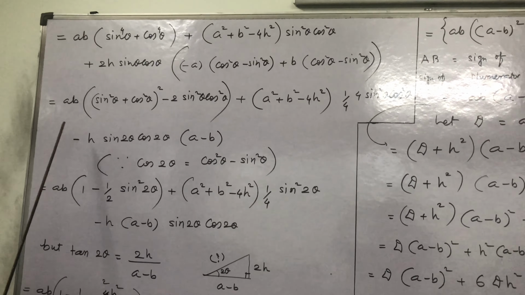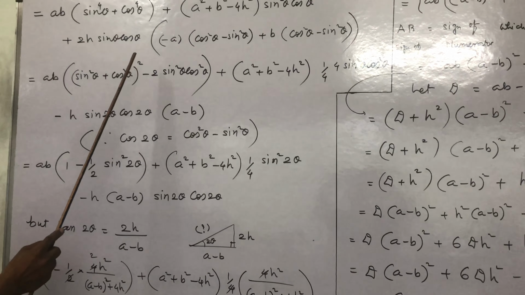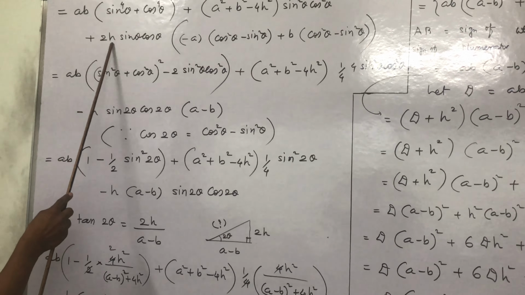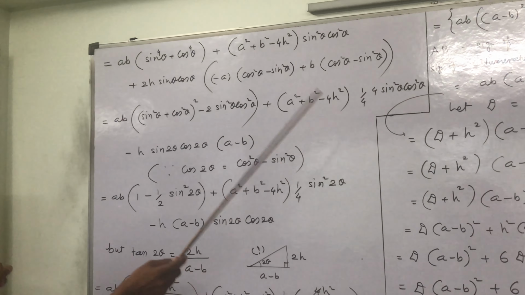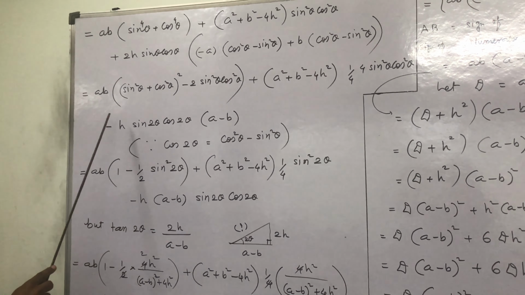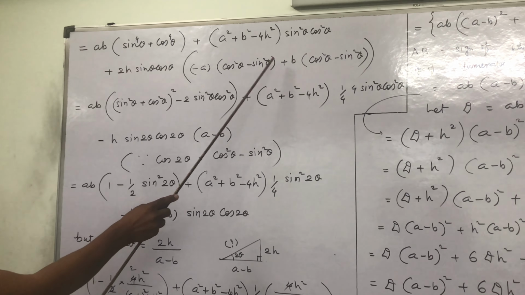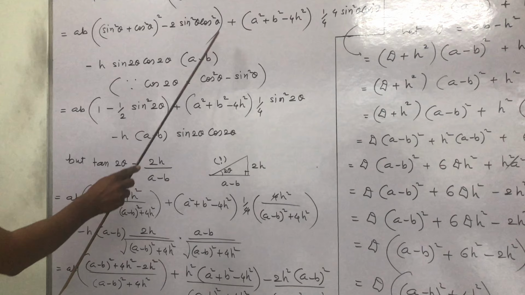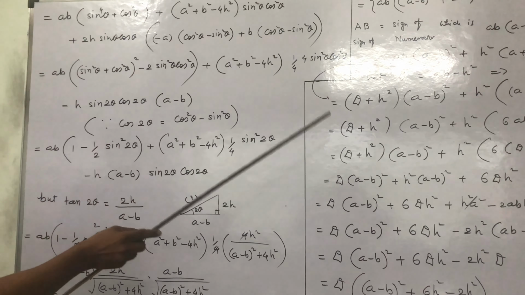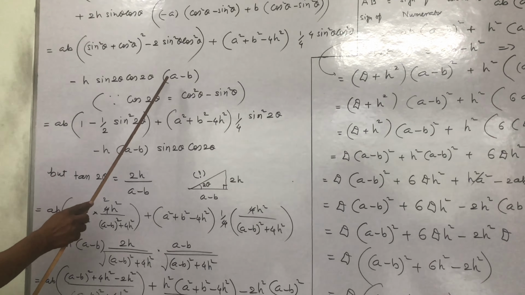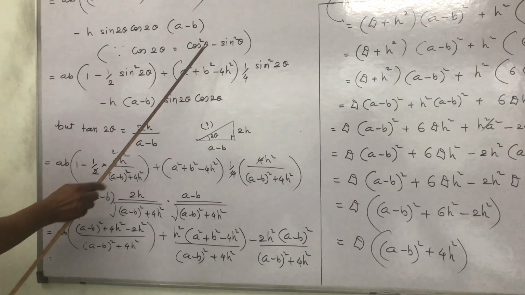This one, minus, taking common cos square theta minus sin square theta, and it is cos 2 theta, and minus also we have minus h sin 2 theta cos 2 theta into a minus b. So we have taken minus into the bracket, cos square theta minus sin square theta common, and applying trigonometry rules, because cos 2 theta is cos square theta minus sin square theta.